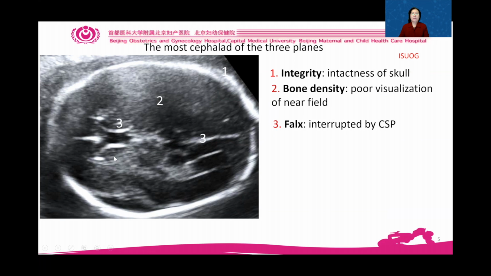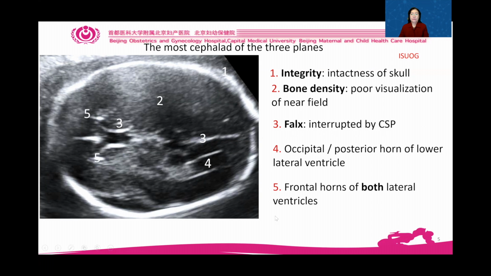The third one is the falx. The falx is usually interrupted by the CSP, the falx 3. And 4 is the posterior half of the lateral ventricle here. Number 5 shows the front half of both lateral ventricles. So it's very important to observe.